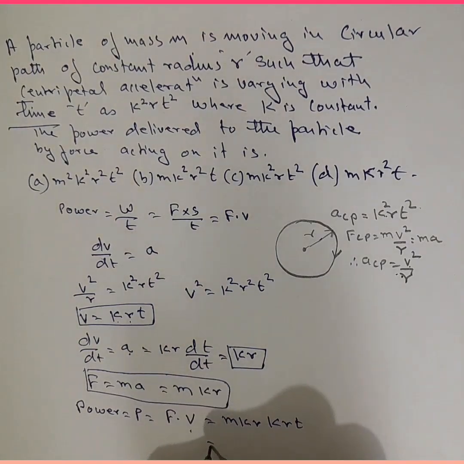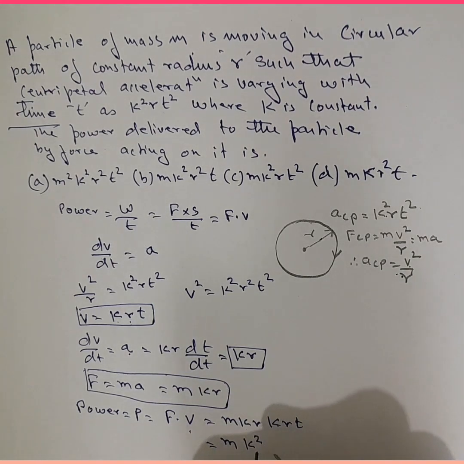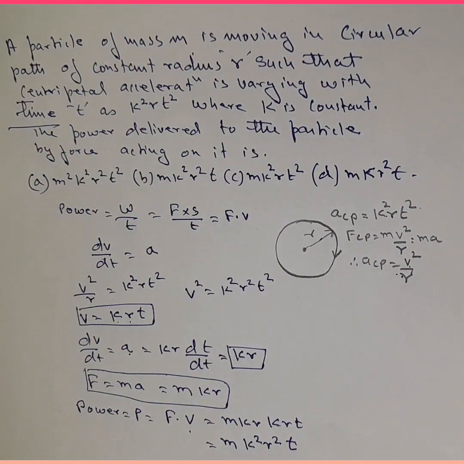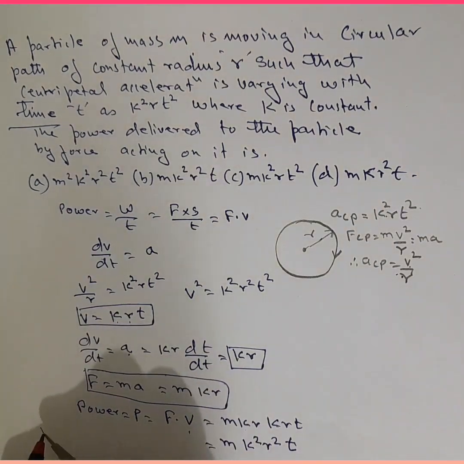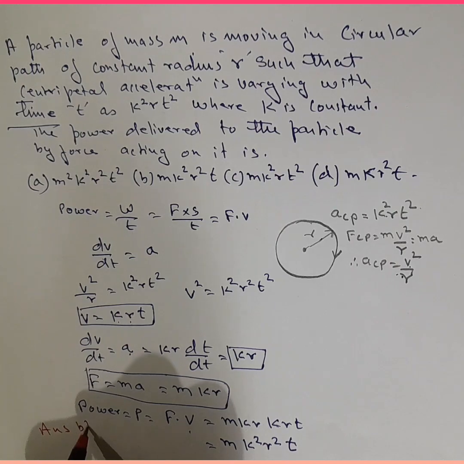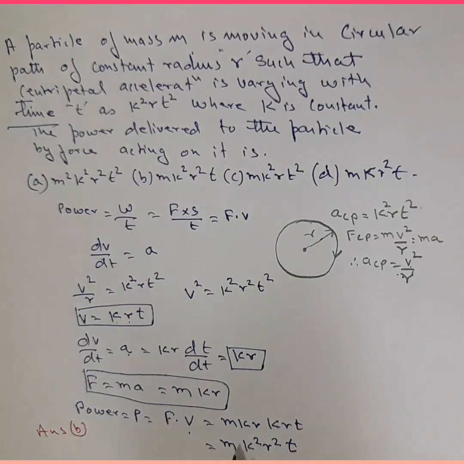So what does it come to? It comes to m k square r square t. So our answer is B. So once again we hit into B. So our answer is B, m k square r square t.